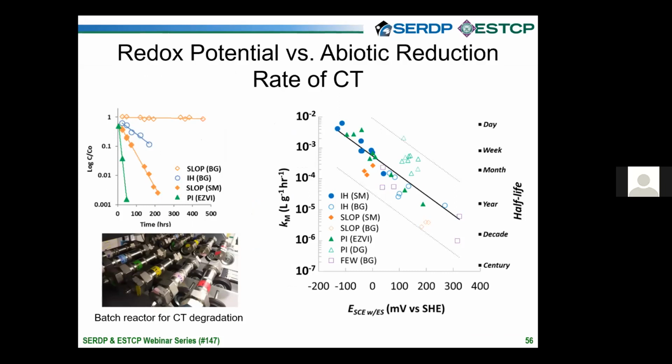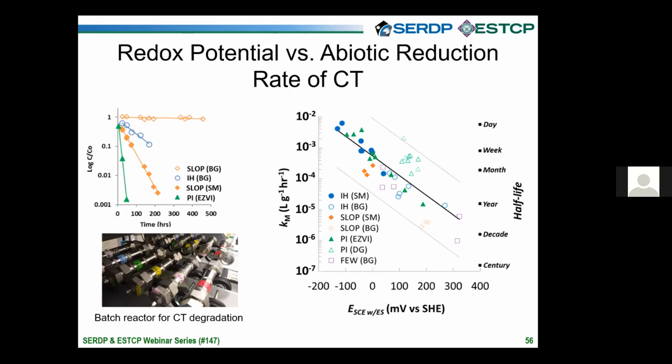Here we go, that's the slide. You can see on the right-hand side we have the half-life laid out from days to centuries. But this works for carbon tetrachloride. For TCE or chlorinated ethenes, we would expect the straight line to move down by a lot. If we have that correlation established, then we can be more confident in pinpointing a potential range where we think TCE or chlorinated abiotic dechlorination might be more significant.